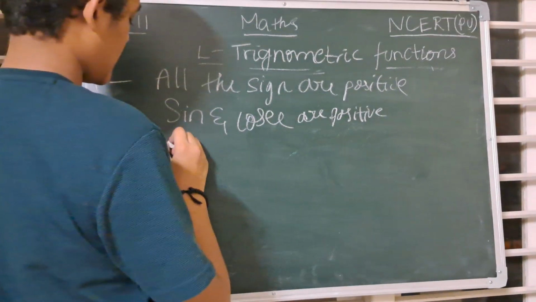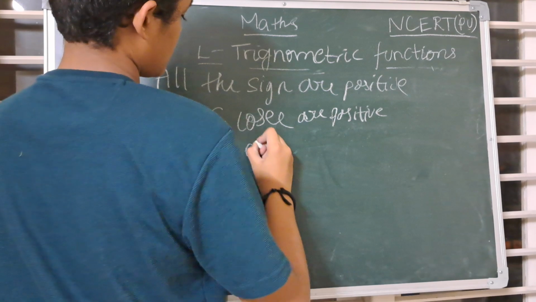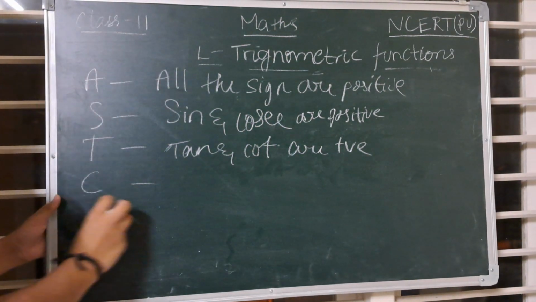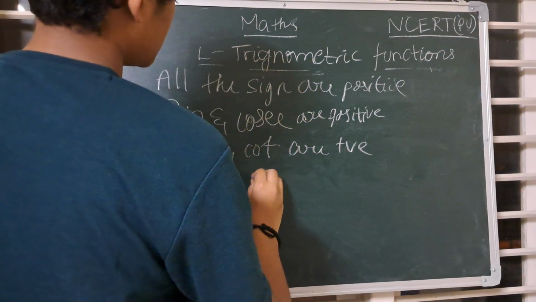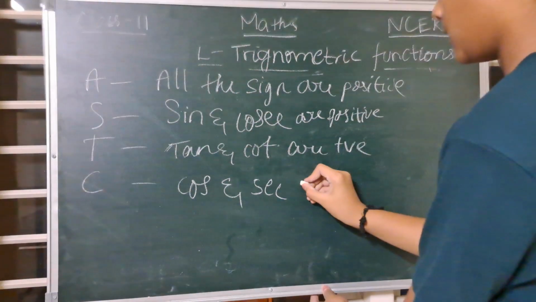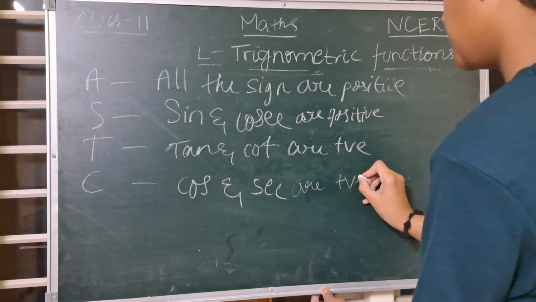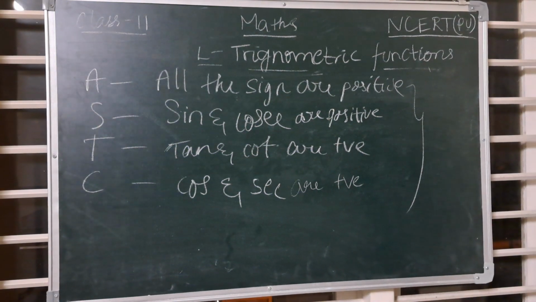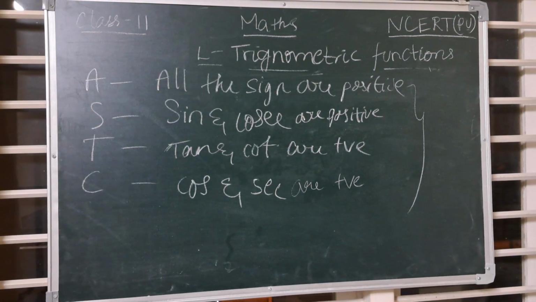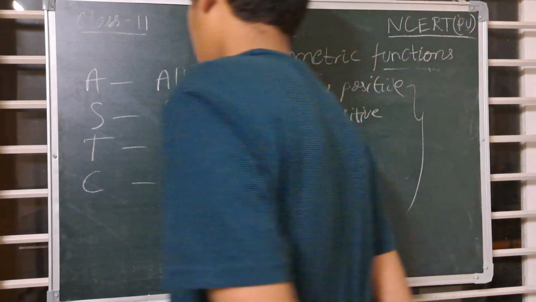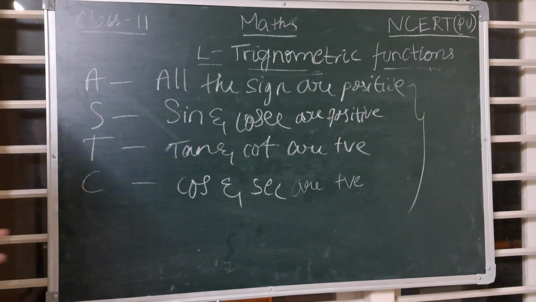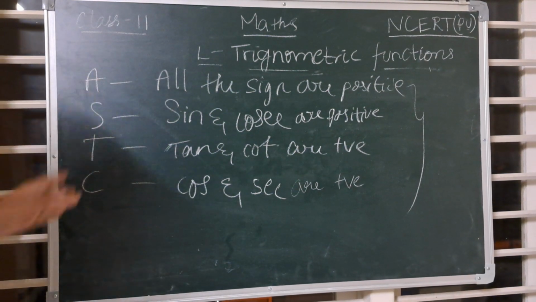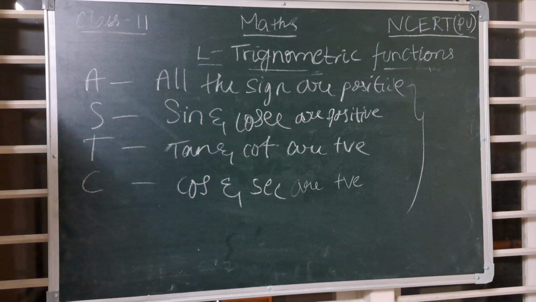T represents tan and cot, its reciprocal, are positive. And C represents cos and secant, its reciprocal, are positive. So this is the basic abbreviation, the full form of the words ASTC. We will look at how these abbreviations are used to explain the concept.